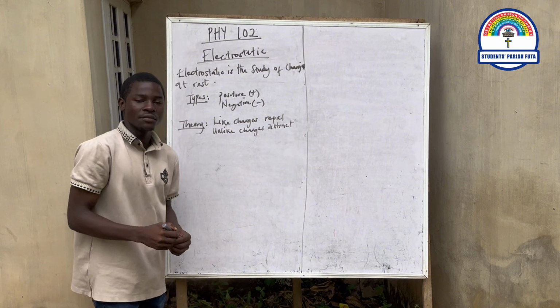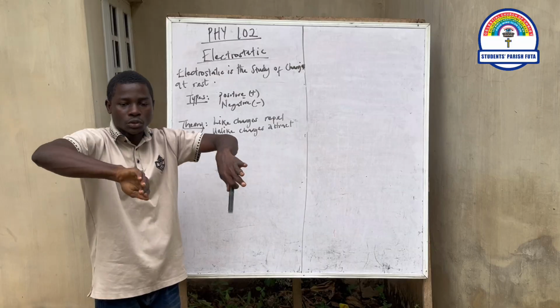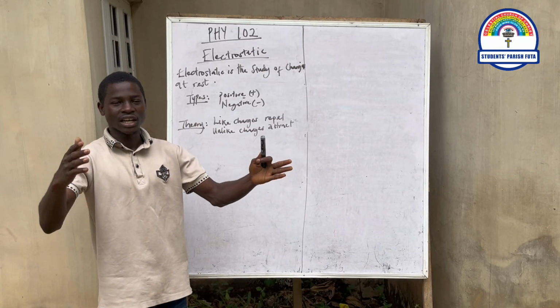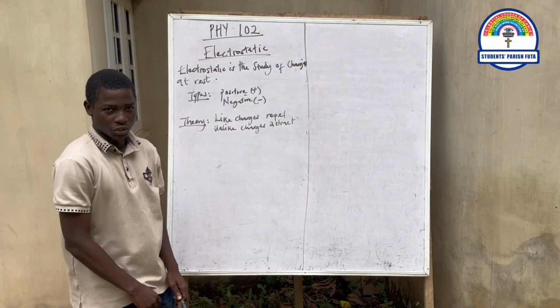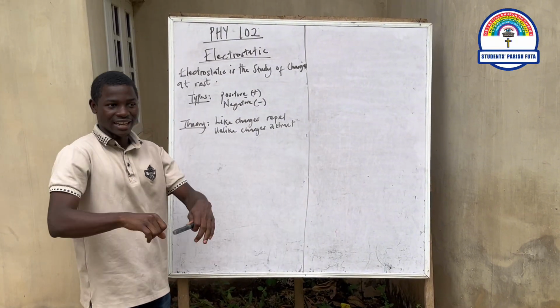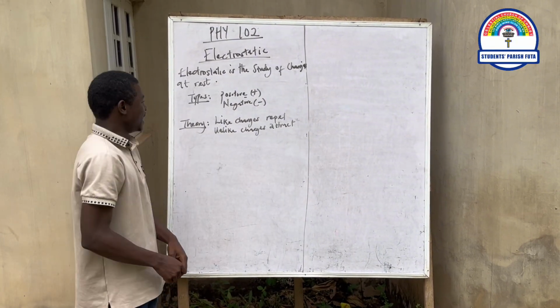So if you have a positive charge here and a positive charge here, what do they do? They repel. But when you have a negative charge and a positive charge, they attract. When you have a negative and a negative, they repel. You understand? Repel means they run away from themselves, just like that magnet that we used to play with while we were still a little bit younger.